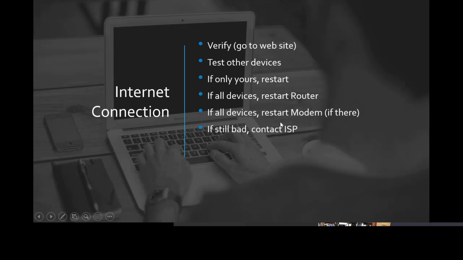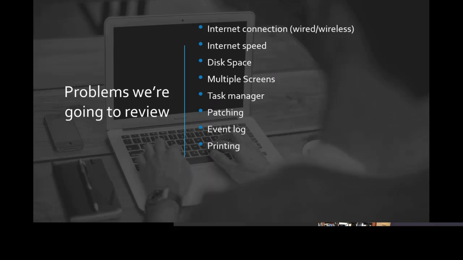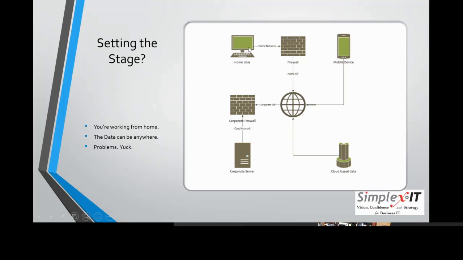So here is our troubleshooting. If someone says, I can't connect, well, what are you trying to connect to? First of all, just go to a website, go to Yahoo, go to CNN, go to Google, go to anything. If that works, then what that tells us is that this connection, from your home user out to a website, is working.